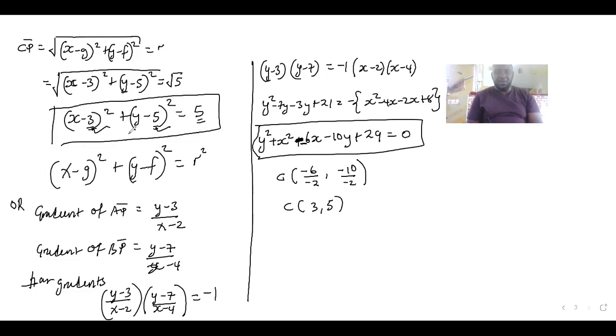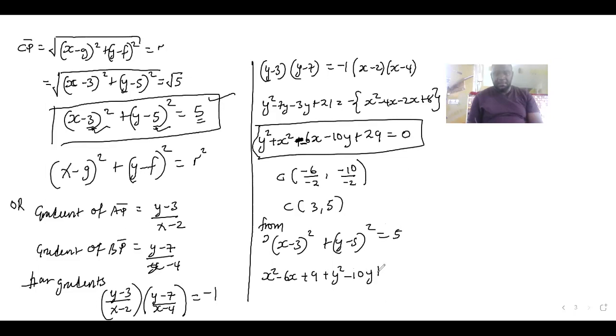Then for other people who don't see this equation, you can expand it. From (x minus 3) squared plus (y minus 5) squared is equal to 5, when you expand, you realize x squared minus 6x plus 9 plus y squared minus 10y plus 25 is equal to 5.